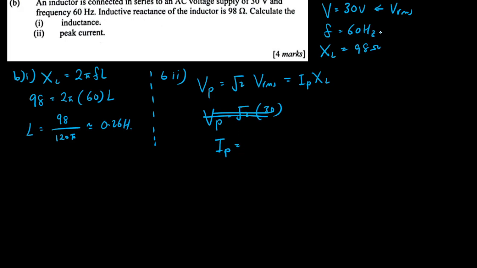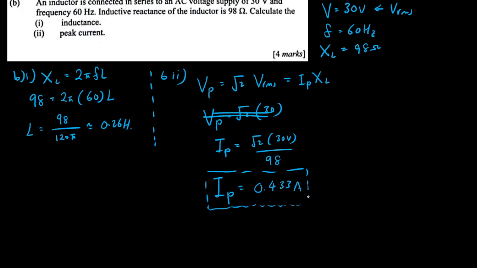It's simply going to be the square root of 2 times the VRMS, which is 30 volts, over my XL, which is 98, and that would leave me with a peak current of 0.433 amps. And that is my final answer for 5B2.